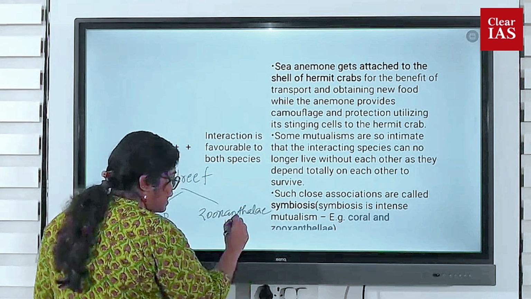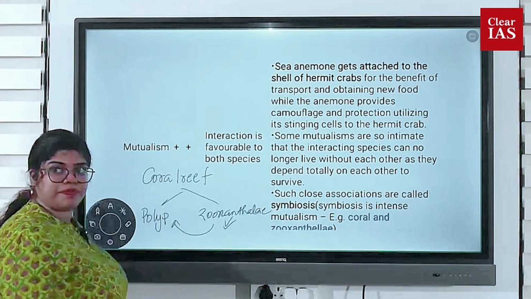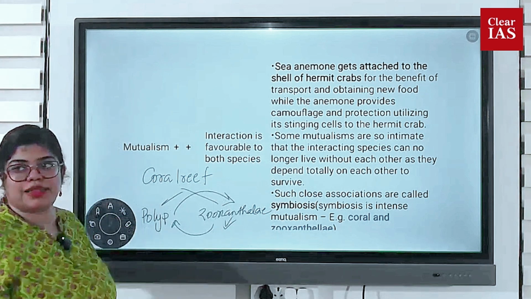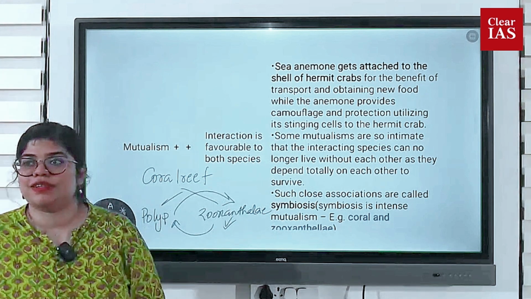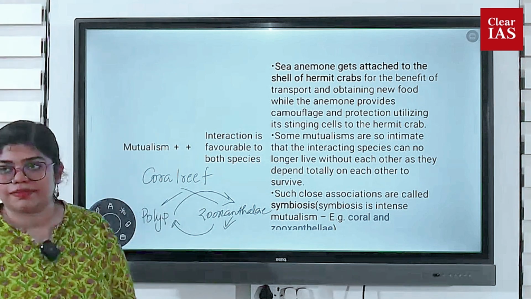The zooxanthellae produces food for the polyp. The polyp gives protection to the zooxanthellae. So they are mutually benefited. That mutual benefit is called mutualism.